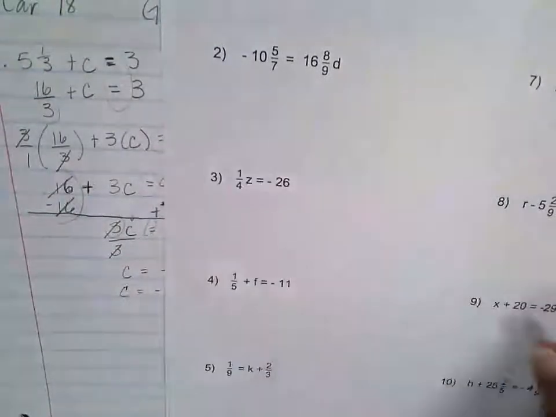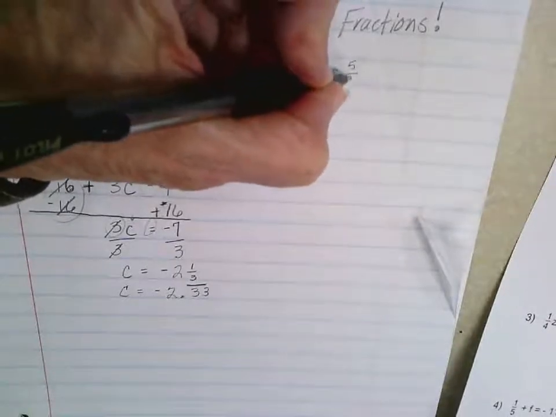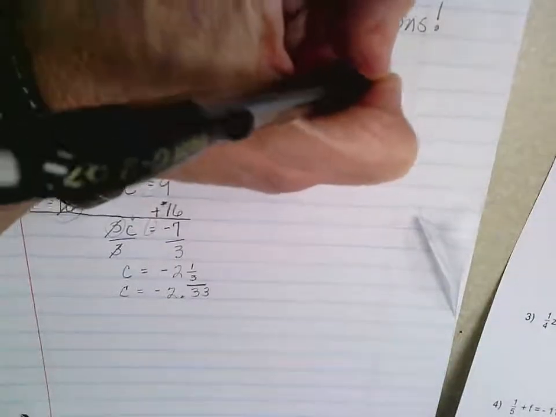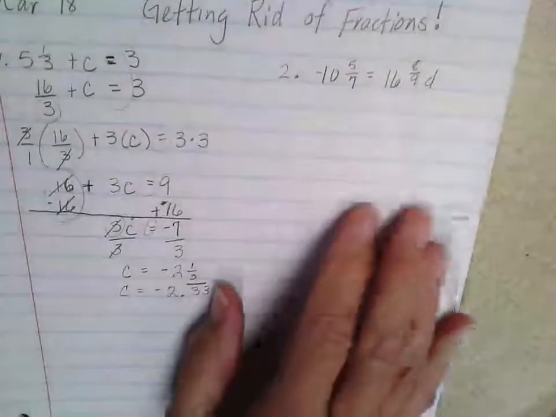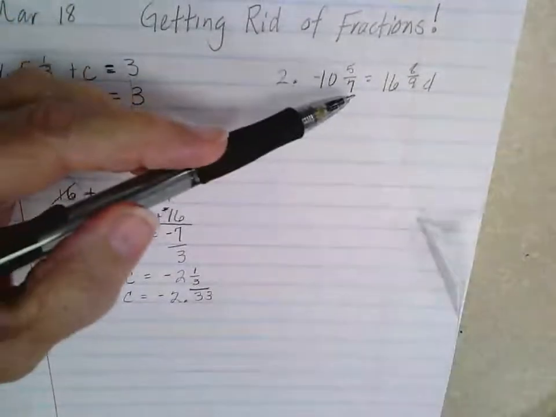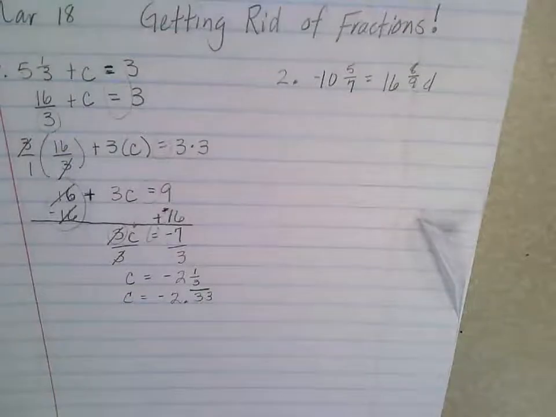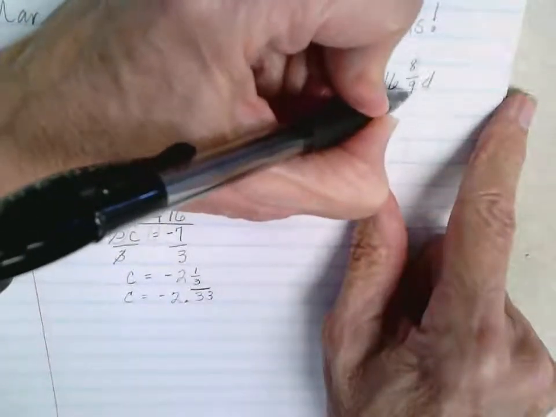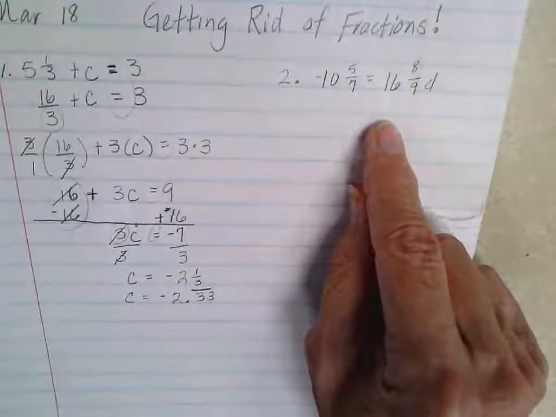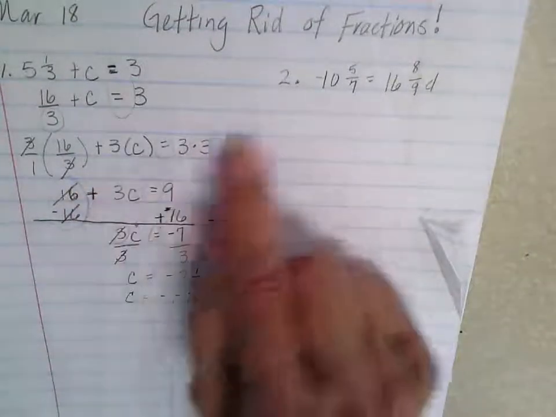So here's number 2. Negative 10 and 5/7 is equal to 16 and 8/9 d. Now again, because I have fractions, before I even start thinking about should I be adding, subtracting, multiplying, or dividing with the terms that I have here, I'm going to look at not having any of these fractions, so that I'm just dealing with whole numbers like I was when I got down here.